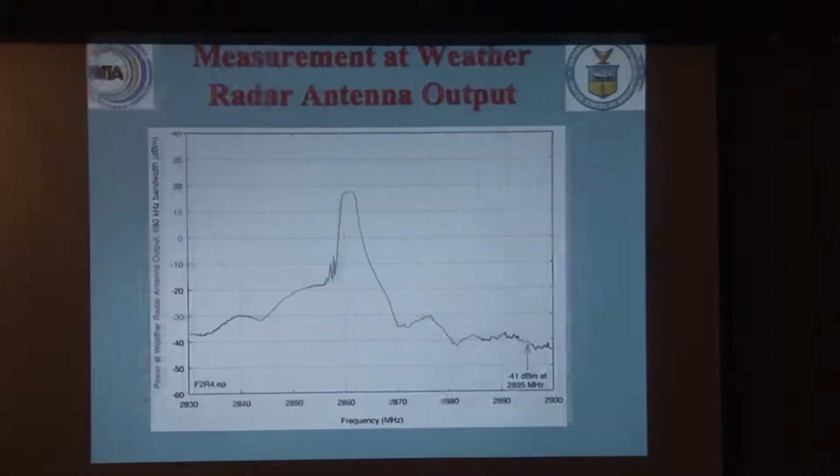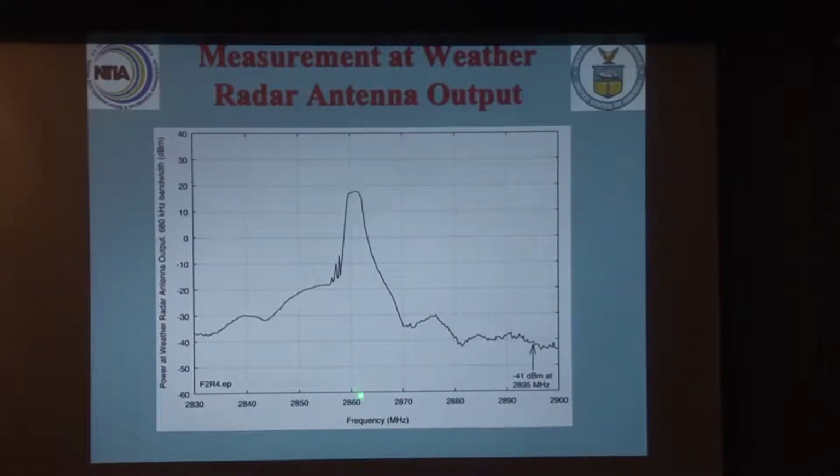What we see at the weather radar antenna is the air traffic control radar at 2860 megahertz. Great, no problem. The weather radar is operating over here at 2895, and that's how much power we see coming in through that big parabolic antenna: minus 41 dBm in the measurement bandwidth of 680 kilohertz, peak detected.